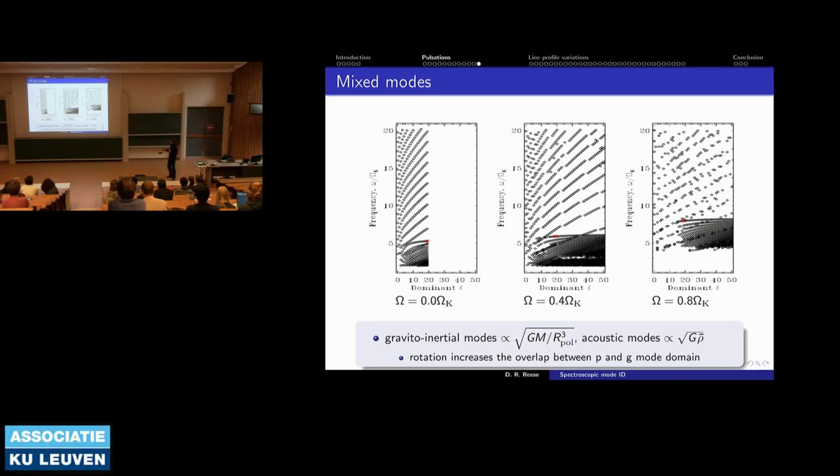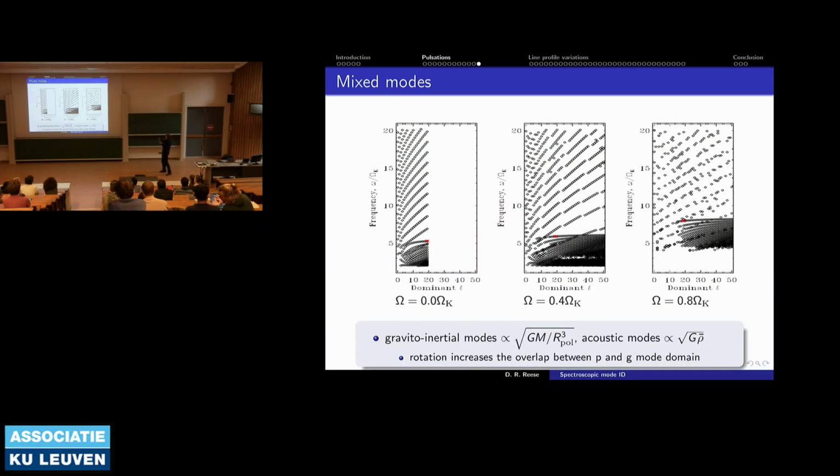What I've shown on the y-axis is the frequency, and on the x-axis the dominant harmonic degree in the decomposition of the mode. Okay? You can see that this region corresponds to the gravity modes, whereas this region corresponds to the acoustic modes. As you increase the rotation rate, it appears that the gravity modes are going further up and overlapping more with the acoustic modes.